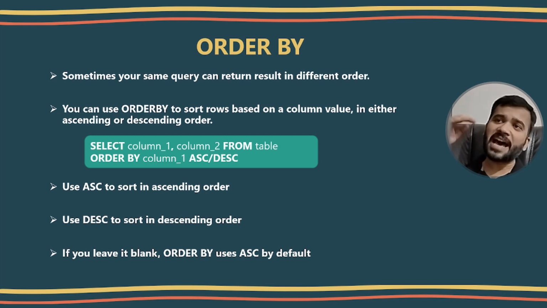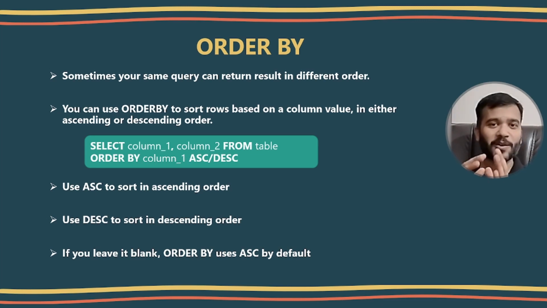You want the last record on top and so on, or in ascending you want the latest record on top and so on. I mean to say, according to date wise. If you apply order by on date, then this way you will get the data.